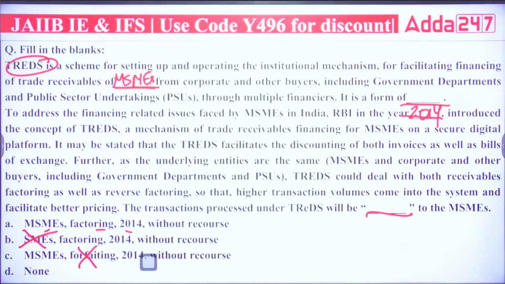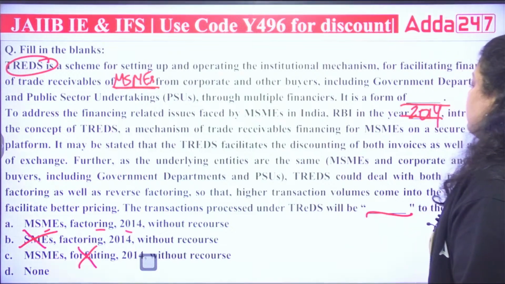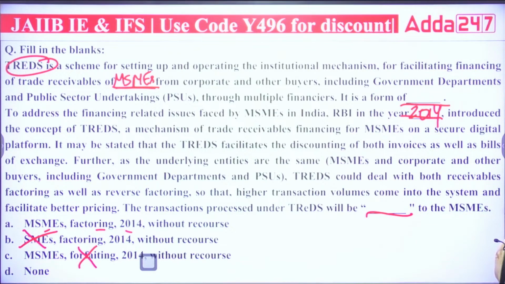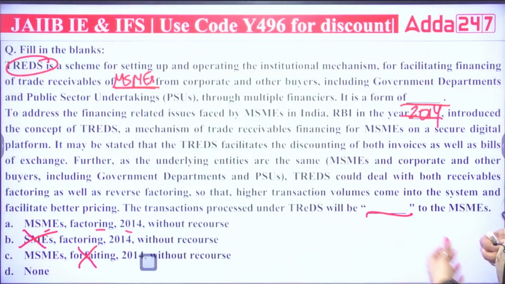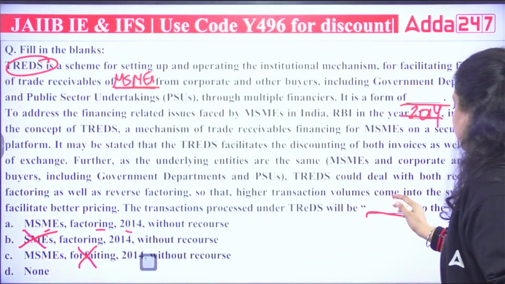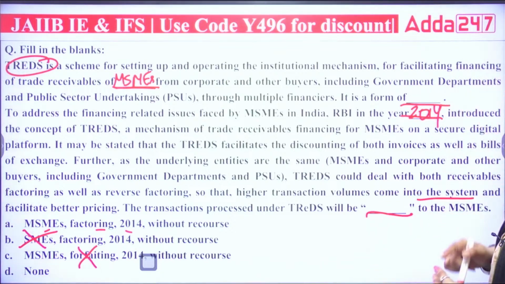Now, then a mechanism of trade receivable financing for MSME on a secure digital platform. It may be stated that the TReDS facilitates the discounting of both invoices as well as bills of exchange. Further, as underlying entities are the same, MSME and corporate and other buyers including government departments and PSUs, TReDS could deal with both receivables factoring as well as reverse factoring so that higher transaction volume come into the system and facilitate better pricing.